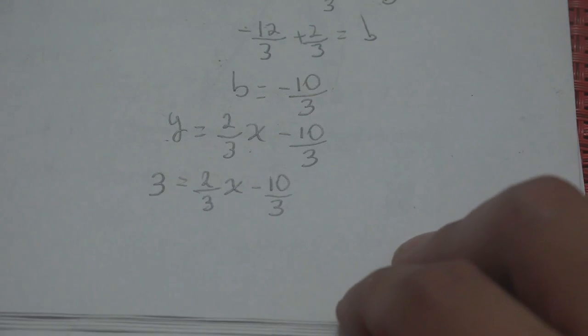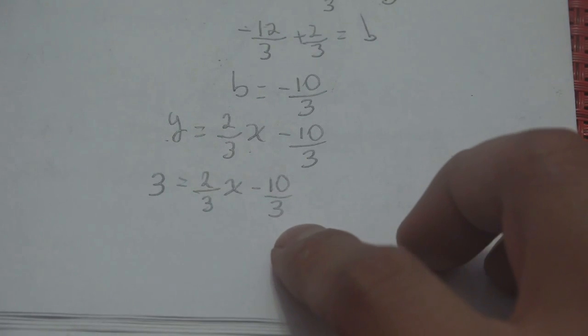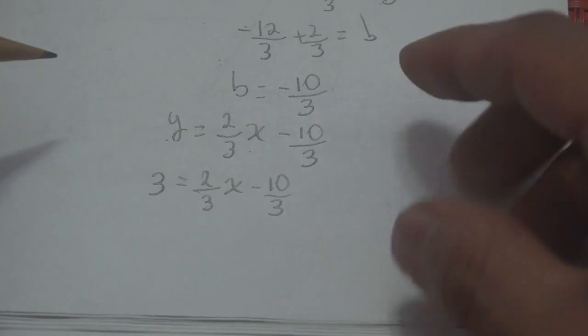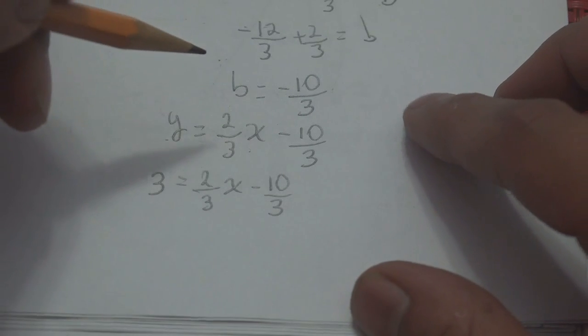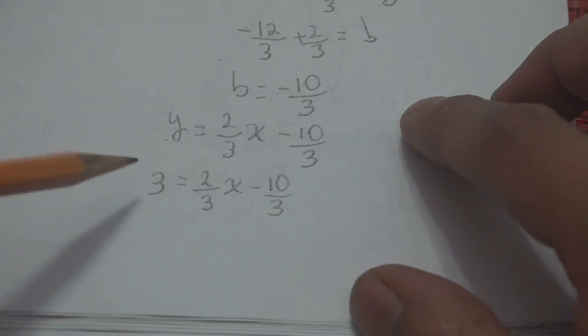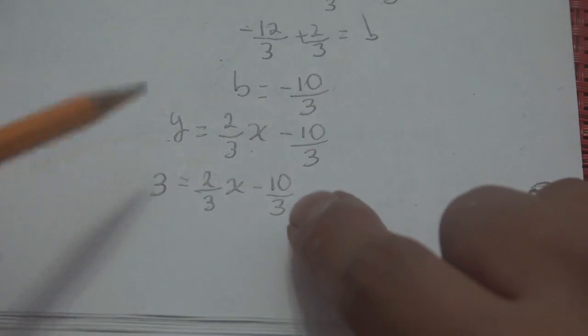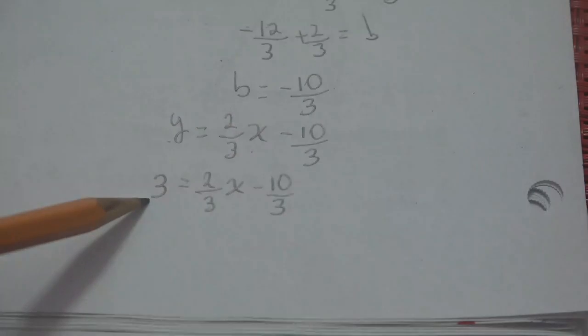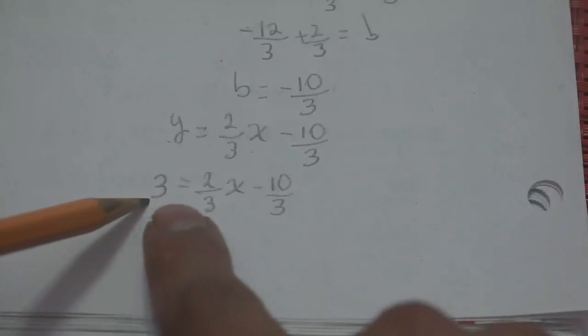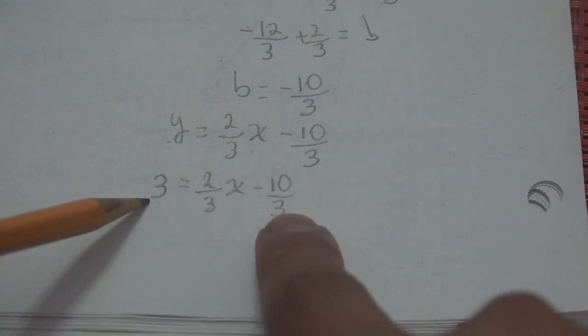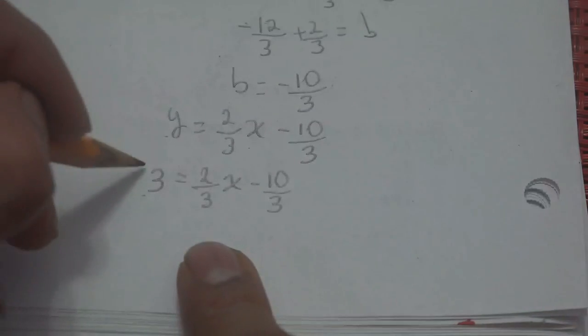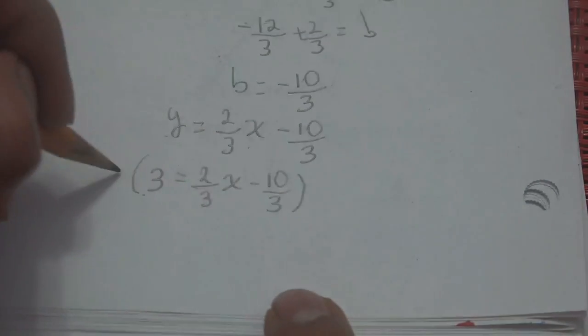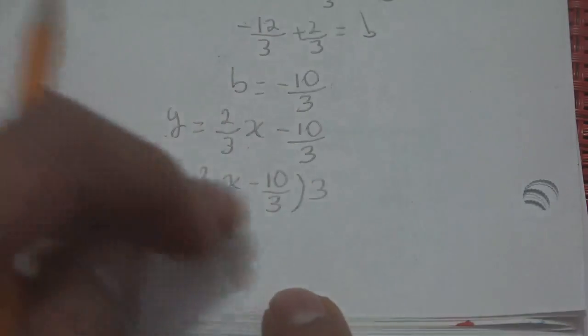Now I am going to add 10 over 3 to both sides, or actually not. Look, why am I killing myself? I'm gonna solve it following the golden rules. Do I have distributive property? No. Do I have fractions? Yes. If I have fractions, multiply everything by the common denominator, which is 3.